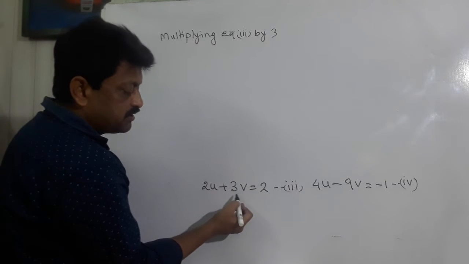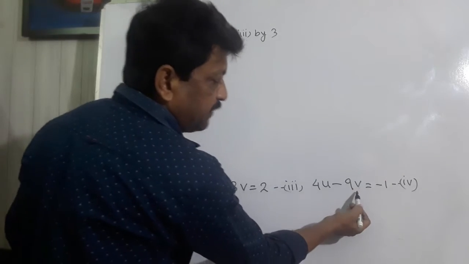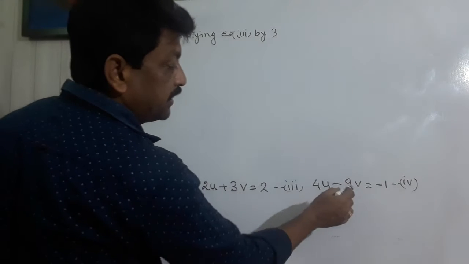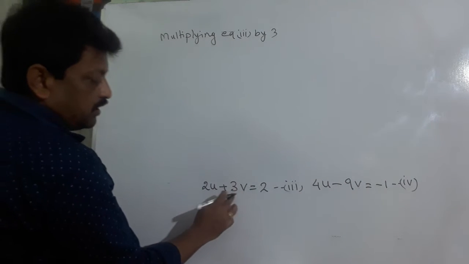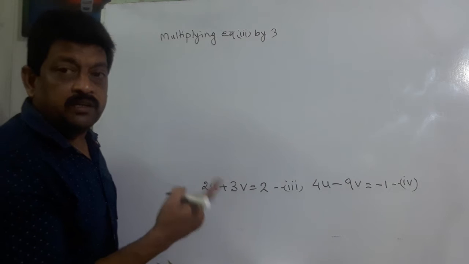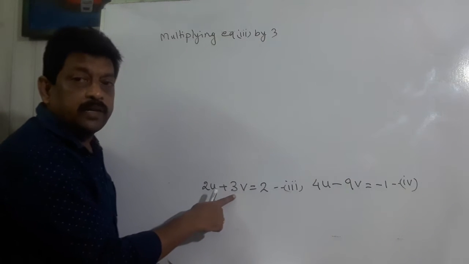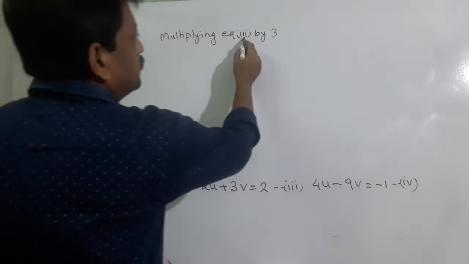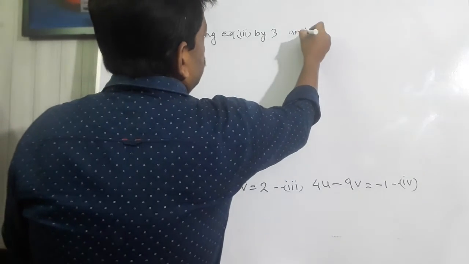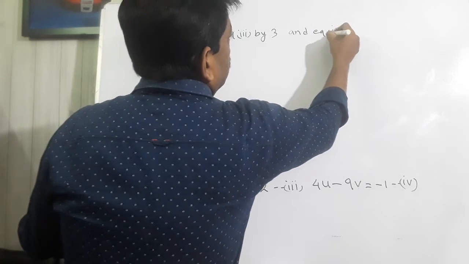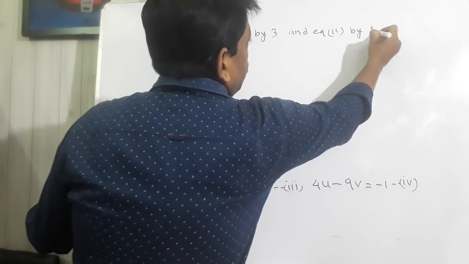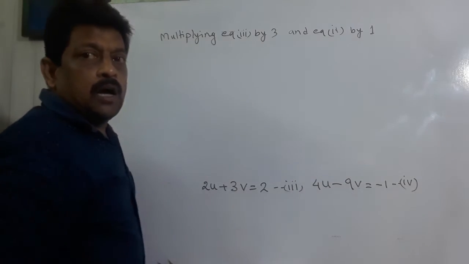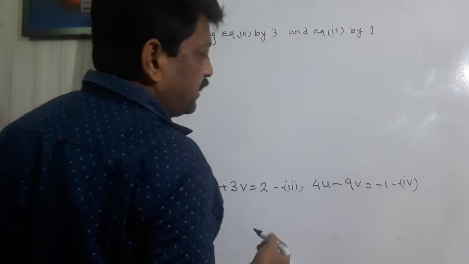Here the coefficient of v is 3 and here the coefficient of v is 9, minus 9. So let me make them the same. The LCM of 3 and 9 is 9. So this 3v we have to make 9, so I have to multiply it by 3. That's why multiplying equation 3 by 3 and equation 4 by 1, because it is already 9, we don't have to multiply it by any other number.